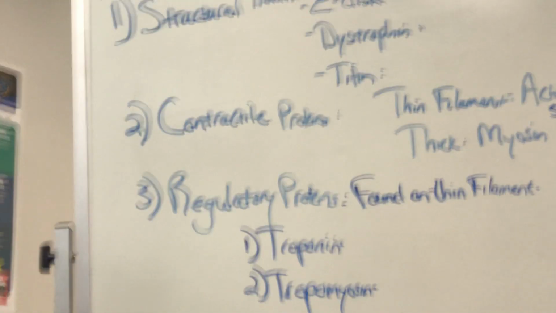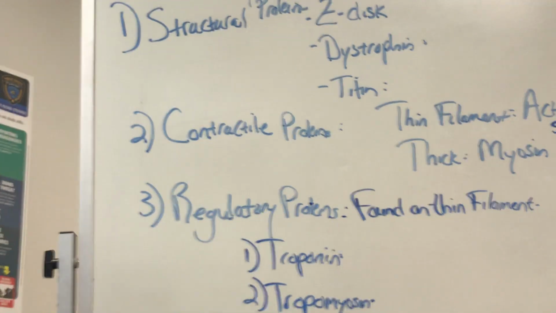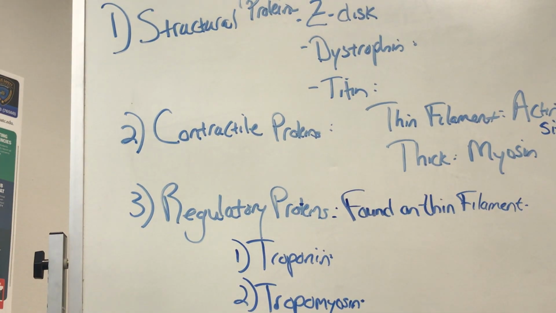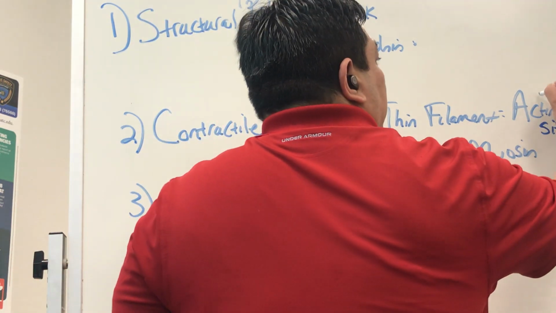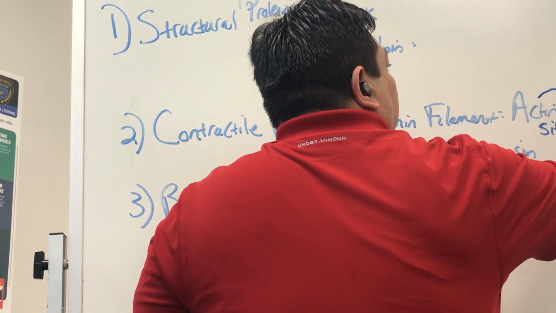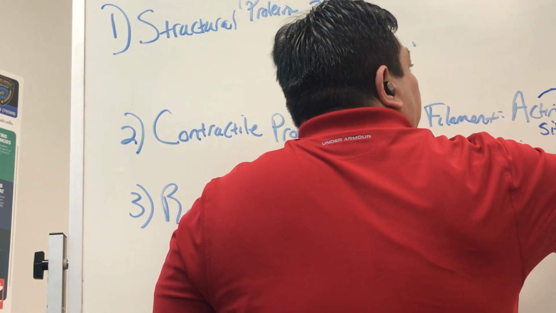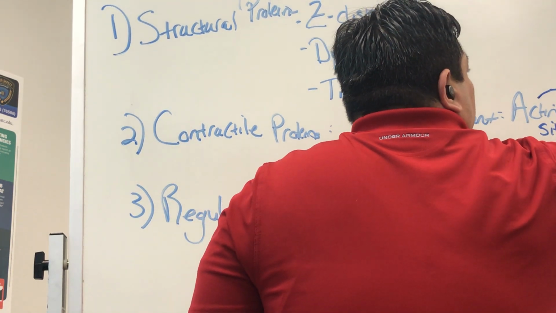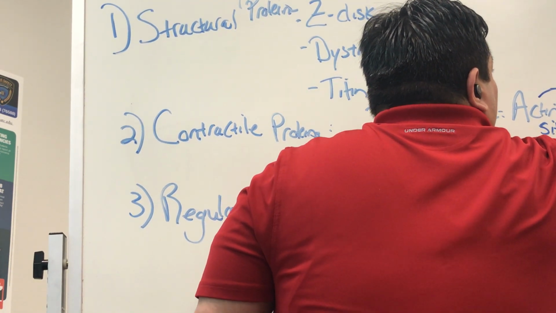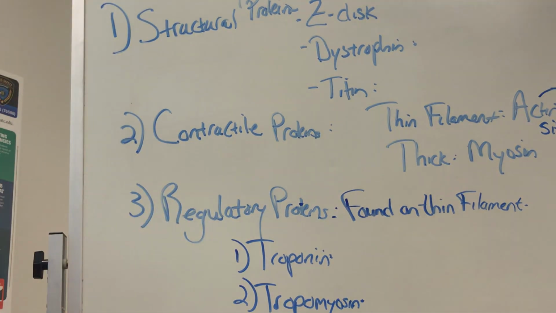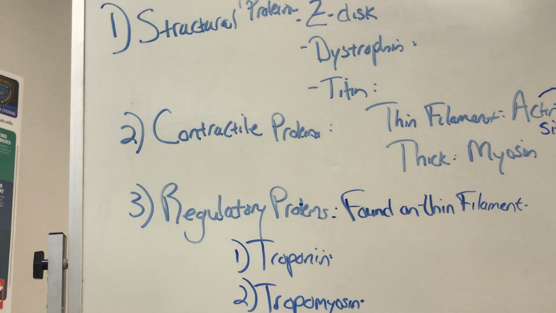Perfect. Right? That's all it is. So on one side, the thin filament is anchored to the Z disc. So we'll write that down as well. On one side it is anchored to the Z disc.